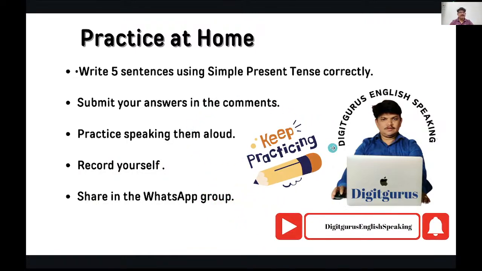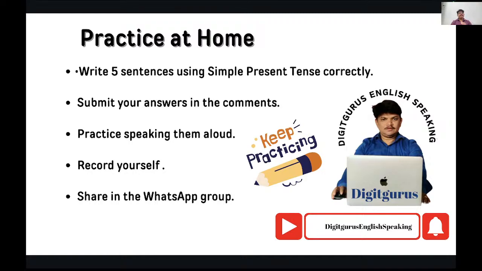You will have to write 5 sentences using simple present tense correctly. Submit your answer in the comment box. Practice speaking them aloud.